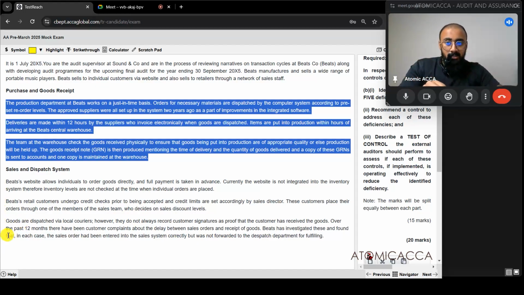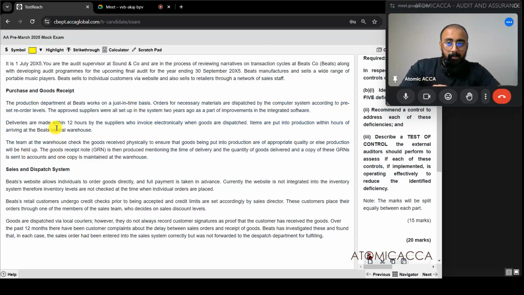So first, purchase and goods received. The production department at Beats Company work on just-in-time basis. Orders for necessary materials are dispatched by the computer system according to preset reorder levels. The approved suppliers were all set up in the system 2 years ago as part of improvements in the integrated software.